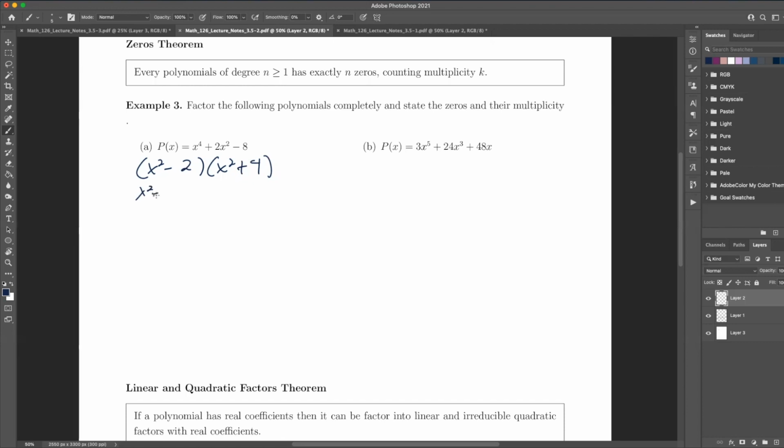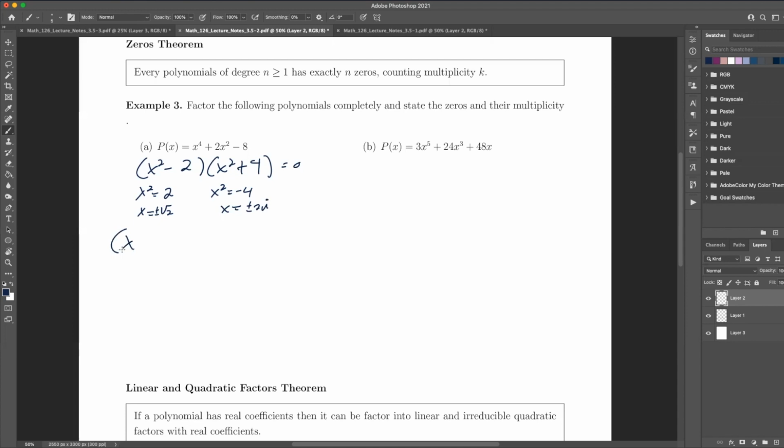Okay. All right, if I'm going to completely factor from here, remember this is x squared equal to 2, and this is x squared equal to minus 4. So that means x is equal to, at least if I set these equal to 0, plus or minus the square root of 2, and then here I'll get plus or minus 2i.